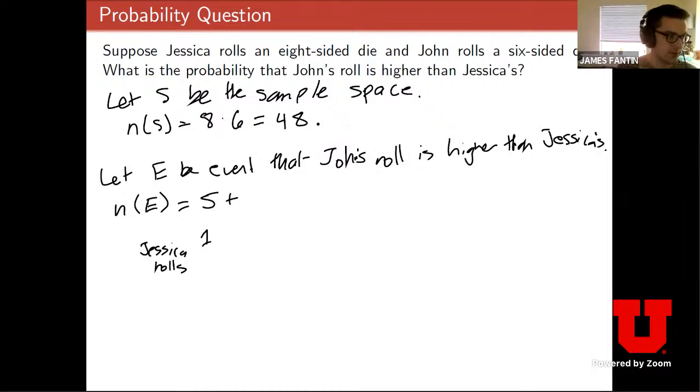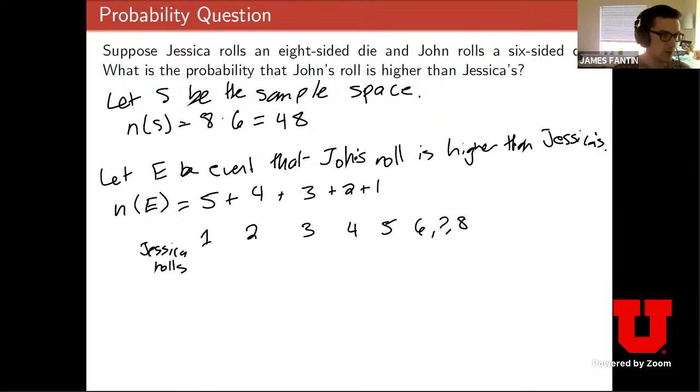He could roll a 2, 3, 4, 5, 6. If Jessica rolls a 2, there's 4 ways. Jessica rolls a 3, there's 3 ways. Jessica rolls a 4, there's 2 ways. And if Jessica rolls a 5, there's 1 way. And if Jessica rolls a 6, a 7, or an 8, there's no way that John can beat that roll.